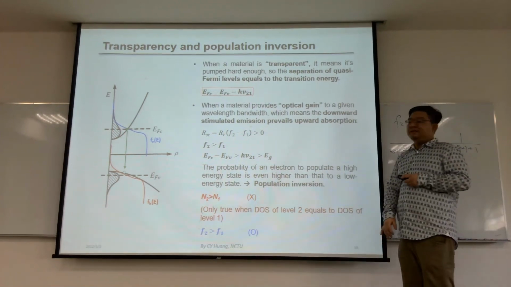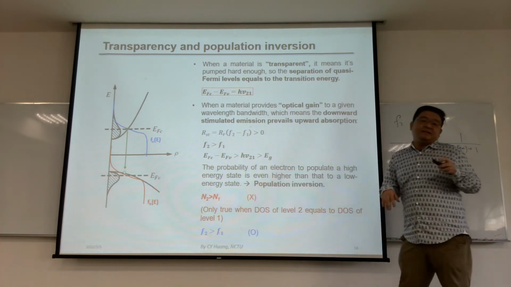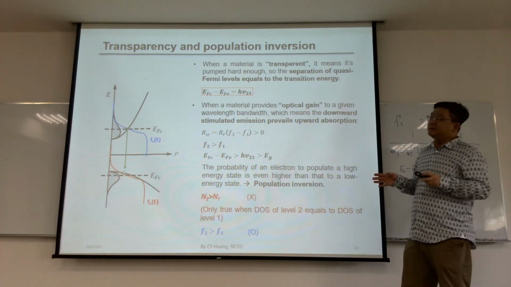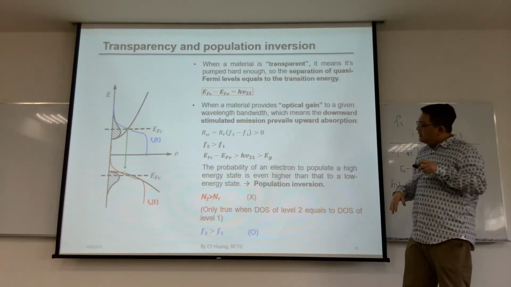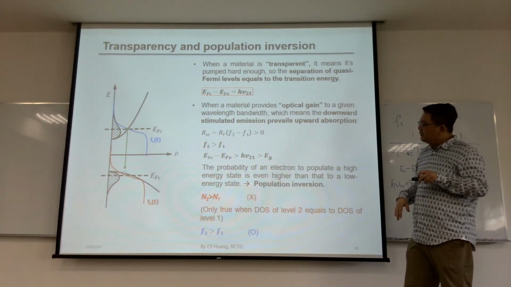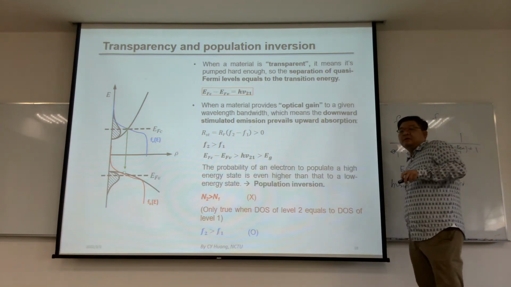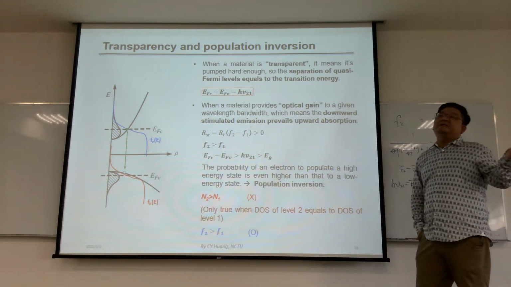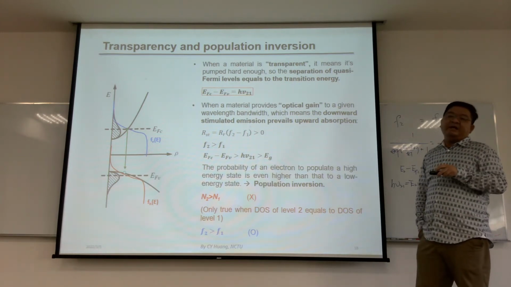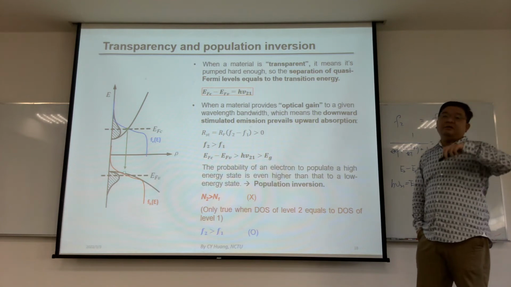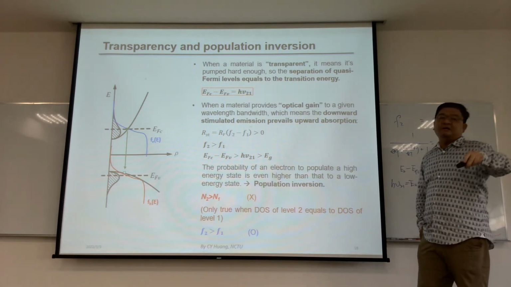It's a more intuitive explanation. But in semiconductors or more complex systems with impurities in the middle level, the real definition of population inversion is F2 larger than F1. That means under such excitation, the probability of occupancy at the high level is higher than at the low level. That is enough, so you don't need to compute really hard.